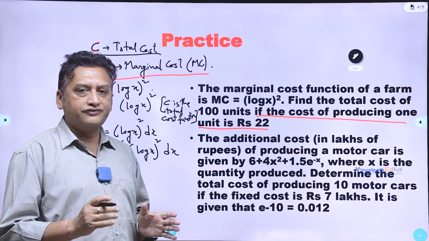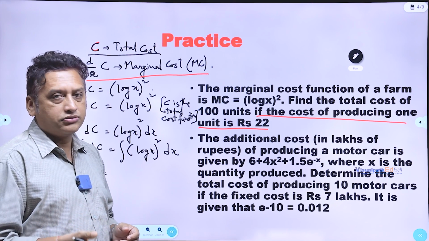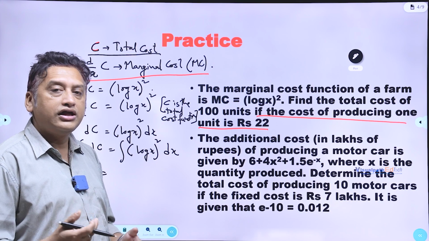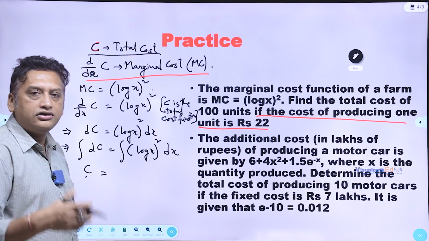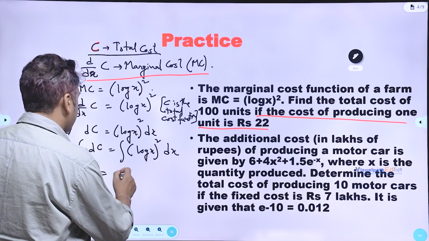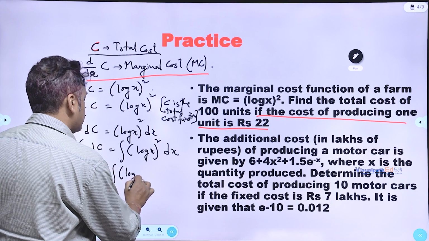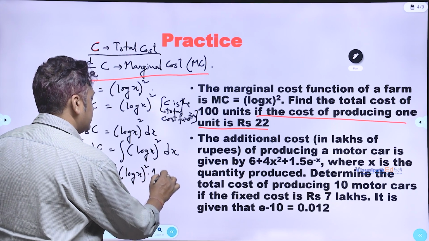Unlike differentiation, where you have d/dx of log x, there is no direct integration formula for log x. If you have log x in an integral, we normally do it by integrating by parts. We will write (log x) whole square into 1 dx.